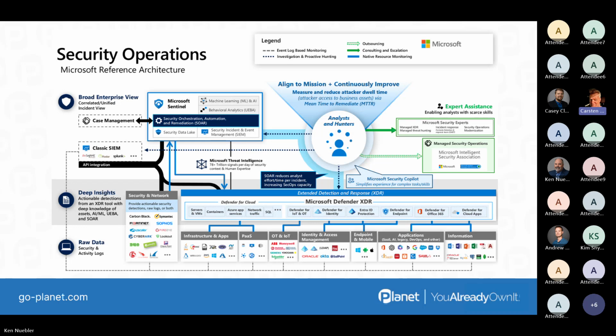It's all included in the security stack. And of course, we are focusing on Defender for Cloud here. What makes this special, what Microsoft is doing, is that all these tools complement each other. They integrate and they share telemetry. So if you go to the next slide, Ken.